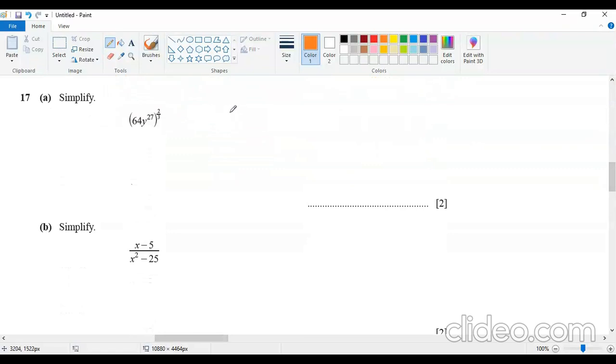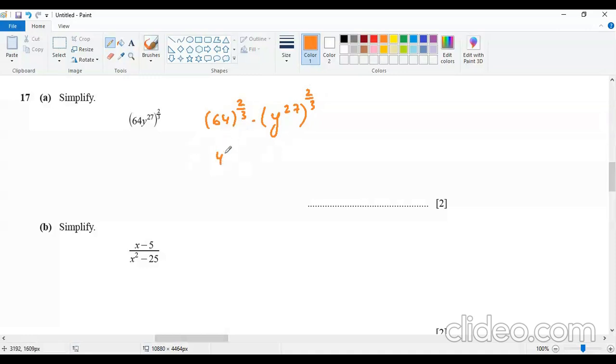For simplification, you know the exponential rule that this power exponent has for both. So I can write 64 to the power 2 over 3, and y also 27 to the power 2 over 3.